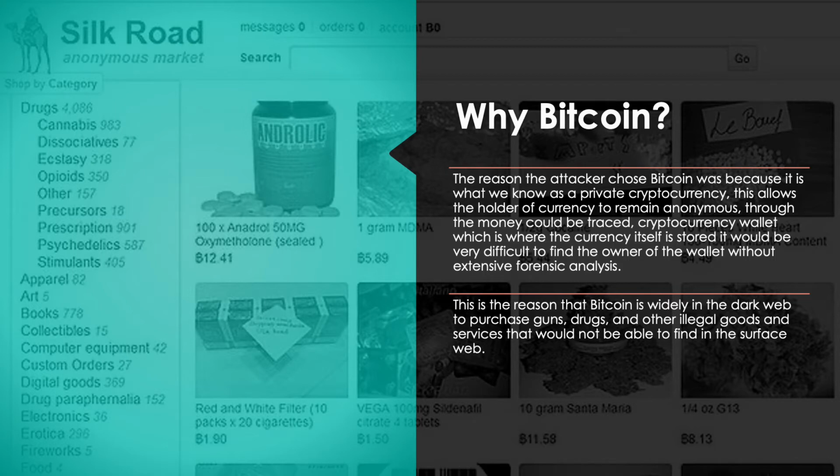This is the reason that Bitcoin is widely used in the dark web to purchase guns, drugs, and other illegal goods and services that would not be found in the surface web.